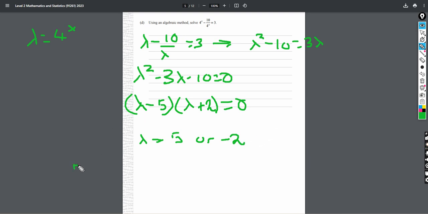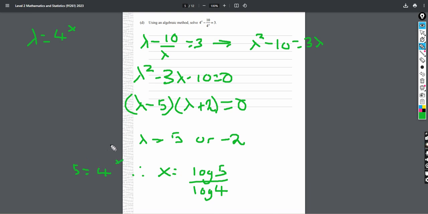Okay, which means 5 equals 4 to the x. Therefore, x is going to be equal to log of 5 divided by log of 4, because you're going to take logs of both sides. You're going to have log of 5 equals log of 4 to the x.